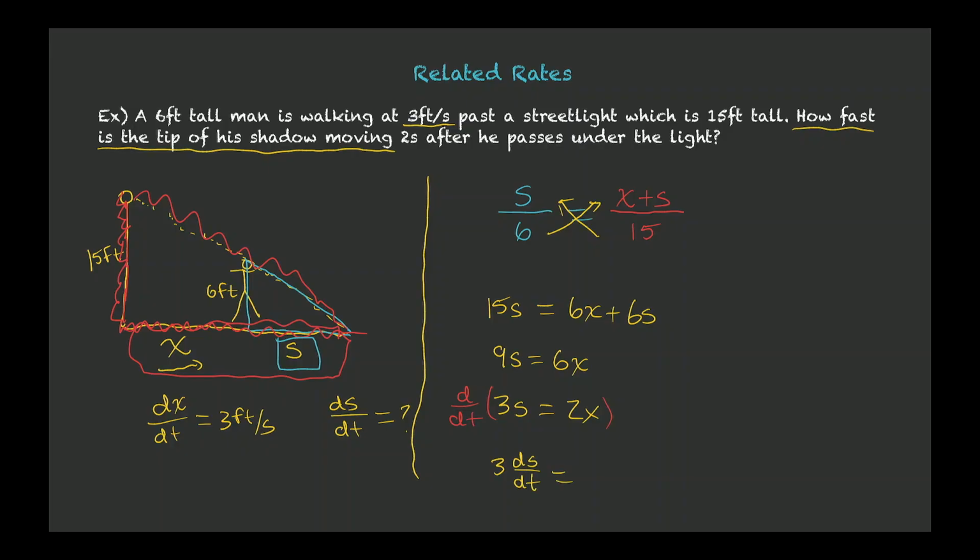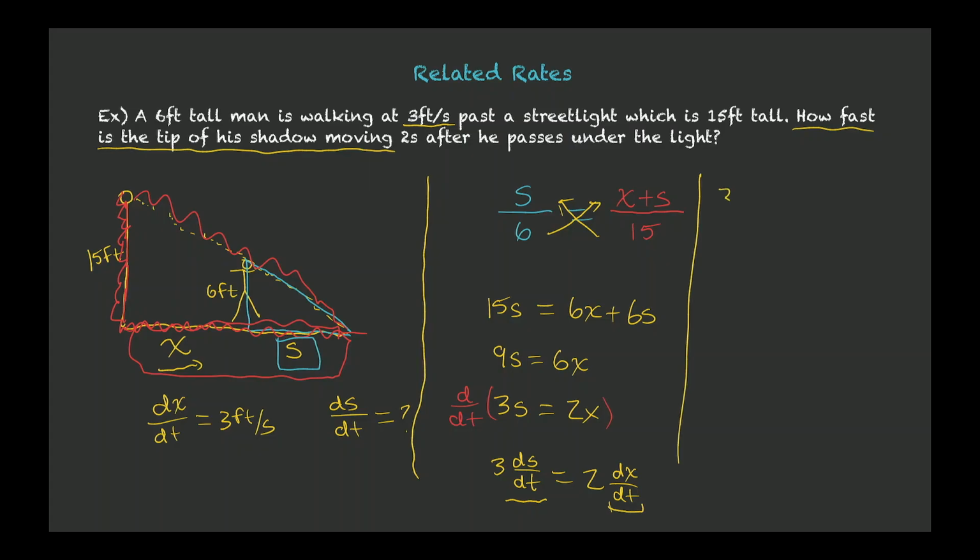Okay. On the other side, the derivative of 2x, I'm sure you know that, is just 2. But again, anytime we take the derivative of a variable, we need to tack on that implicit differentiation, like a chain rule, dx/dt. Okay, so it's asking us what is ds/dt, and we know what dx/dt is. It's 3, so we can just plug that in, and we should be able to solve.